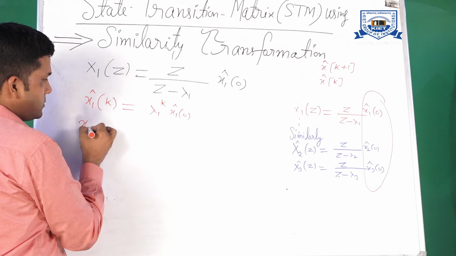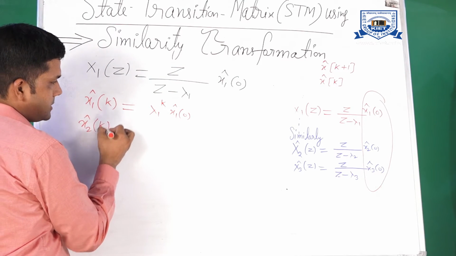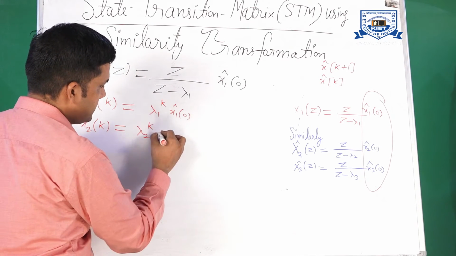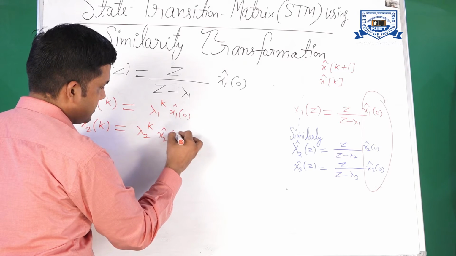Second, x2 cap k is equal to lambda 2 to the power k into x2 cap 0.